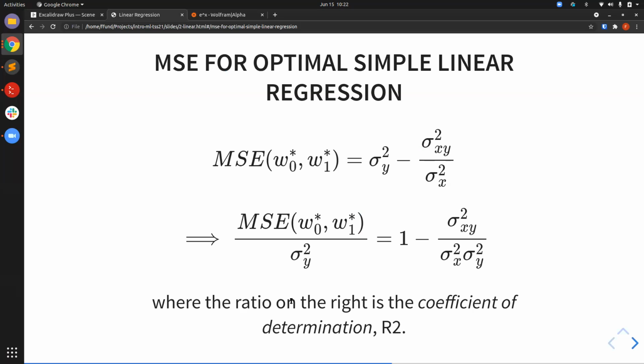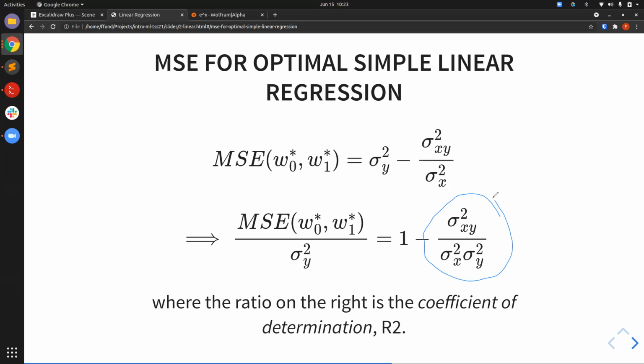Let's take a moment and look at the quantity on the side. Okay, this ratio here on the side, this value here, is known as the coefficient of determination. So it's covariance divided by variance of x times the variance of y. And it's known as r squared.